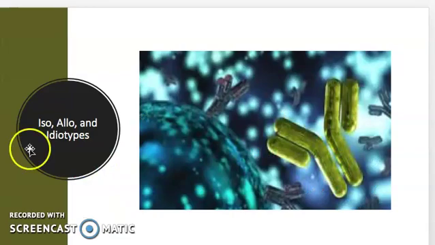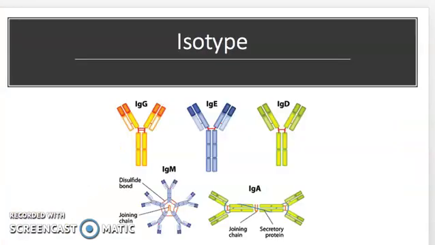Now we're going to talk about the iso-, allo-, and idiotopes. So these are isotypic differences, but specifically a mouse's IgG will be different than a human's IgG based on these Fc regions right here. And there are going to be major prominent distinctions there.